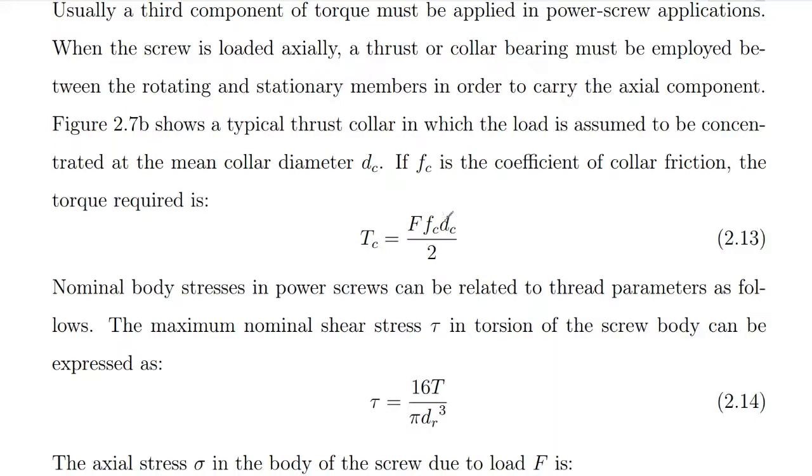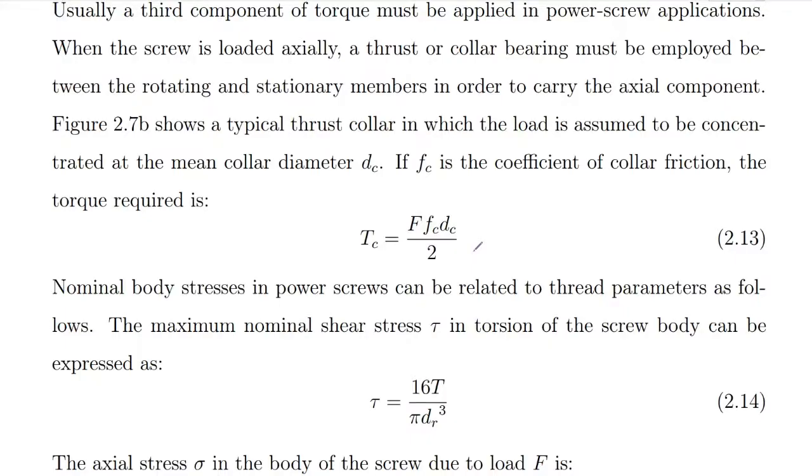So in this case, we have dc on 2 as the radius for the collar. So if you want the torque, F times fc times dc on 2 will give us the torque required to be able to turn the collar.